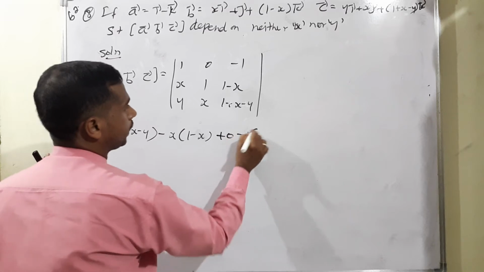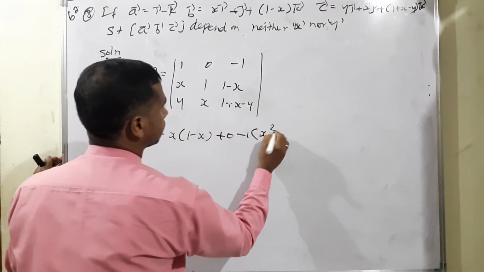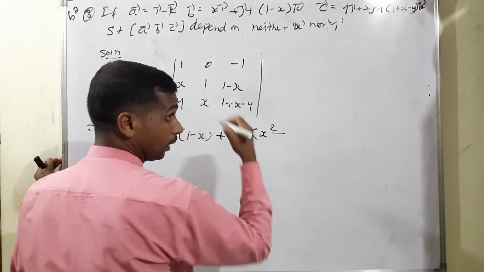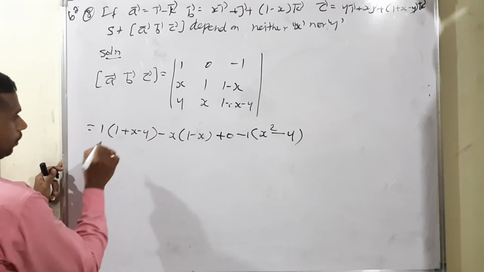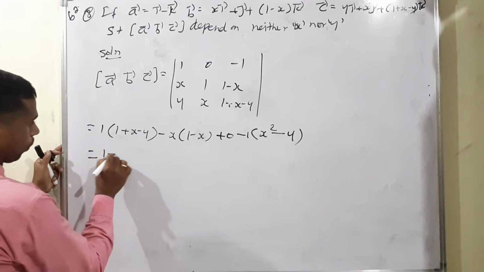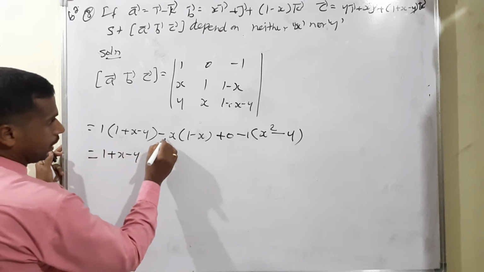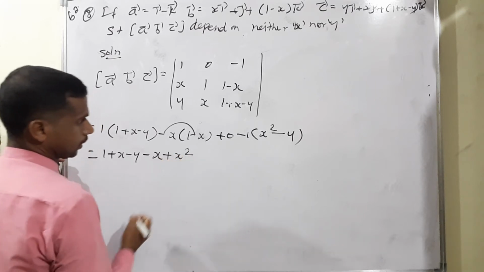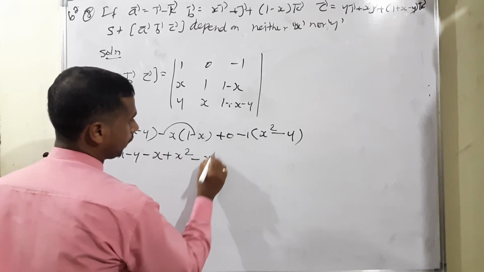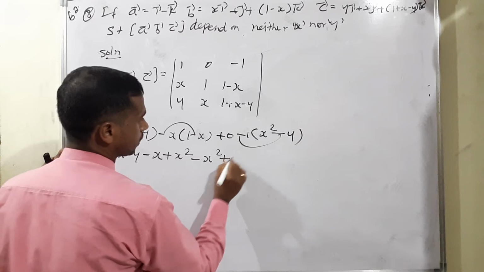So plus 0 minus 1 into x square, 1 into y, but for cross multiplication a minus sign is added. Again 1 into the same term, 1 plus x minus y. Again minus x into 1 minus x, minus into minus gives plus x square. Again minus 1 into x square means minus x square, minus into minus gives plus y.